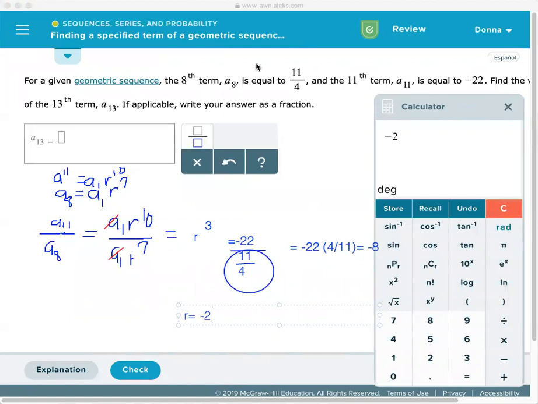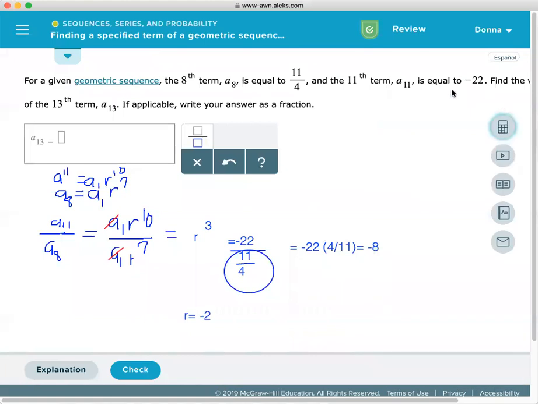So once I have r, then I can use the values to determine A1. When I say the values, I mean the values of the two terms that they gave you. So they gave us negative 22 and 11/4. I'm going to pick this one because negative 22 is a little bit neater to play around with than 11/4. So I'm going to rewrite A11 using the general form.